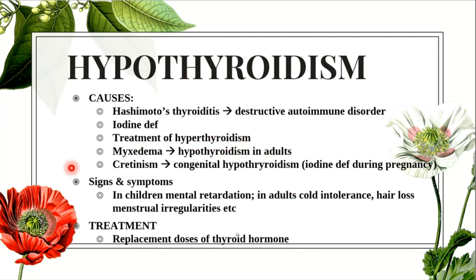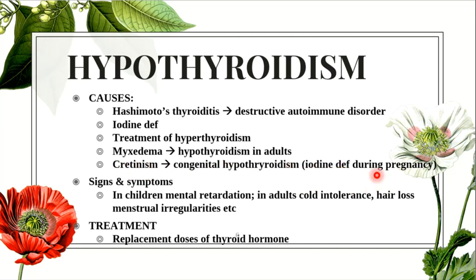There is a condition called myxedema, which happens in adults, that is hypothyroidism in the adult. And when there is hypothyroidism in children, it is called cretinism, that is congenital hypothyroidism. It is generally seen when the mother is hypothyroid during her pregnancy.